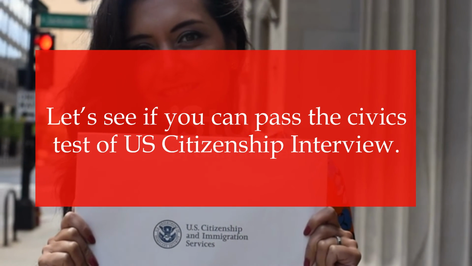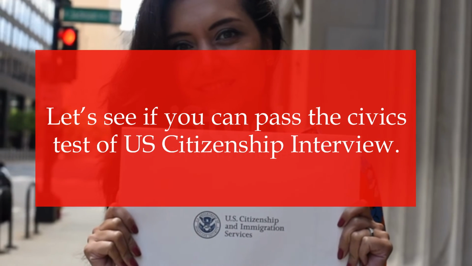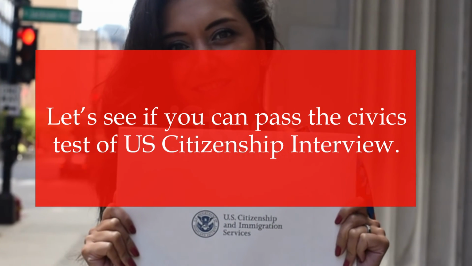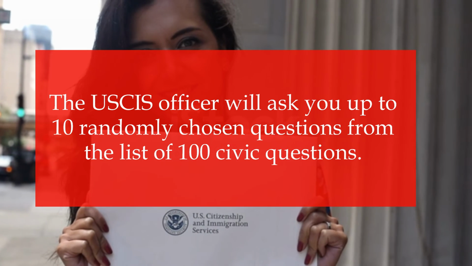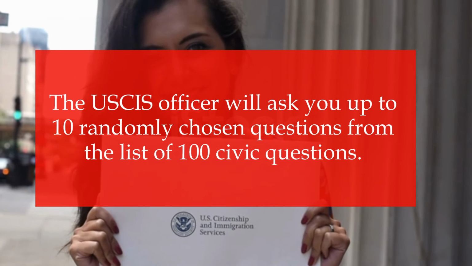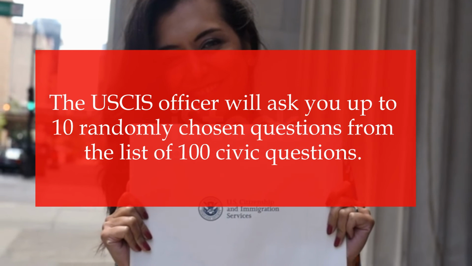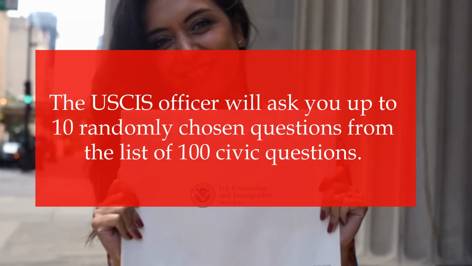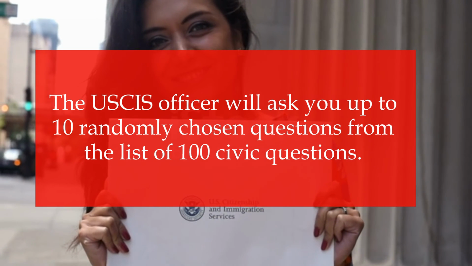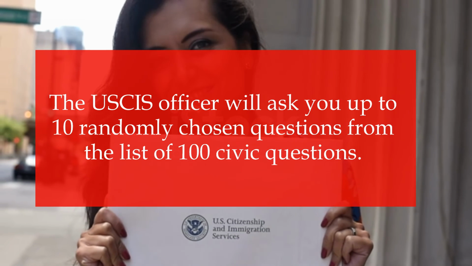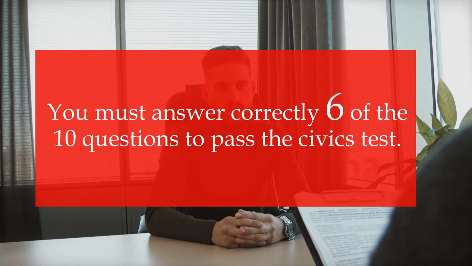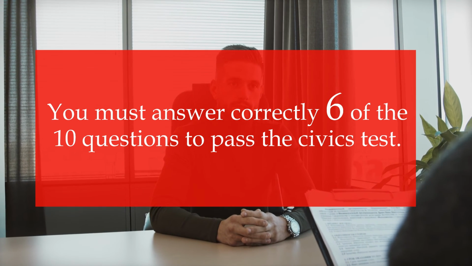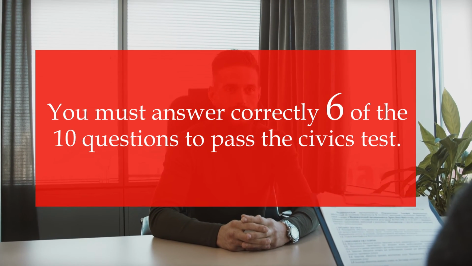Let's see if you can pass the civics test of the U.S. citizenship interview. And remember, the USCIS officer will ask you up to 10 randomly chosen questions from the list of 100 civic questions. You must answer correctly 6 out of the 10 questions to pass the civics test.